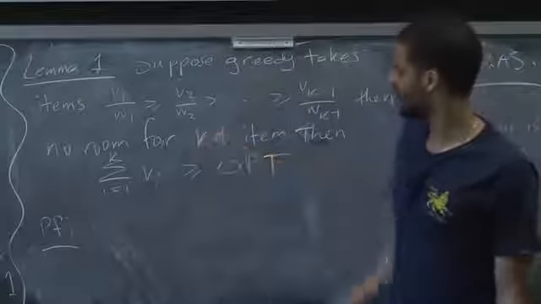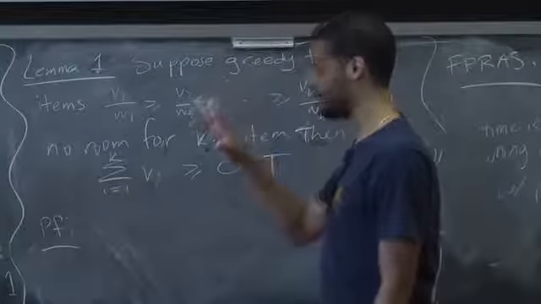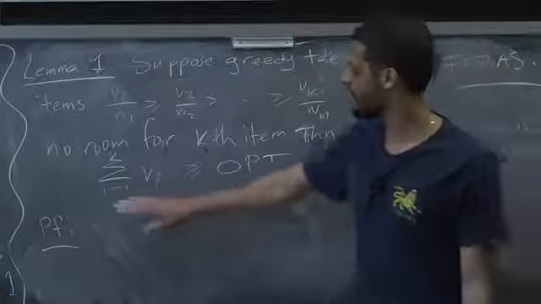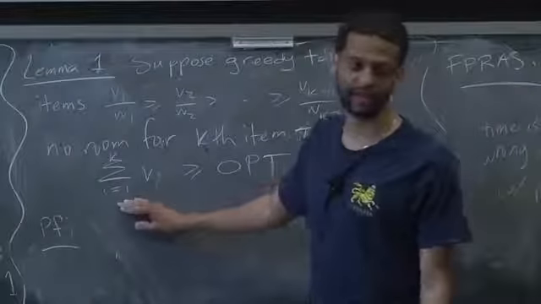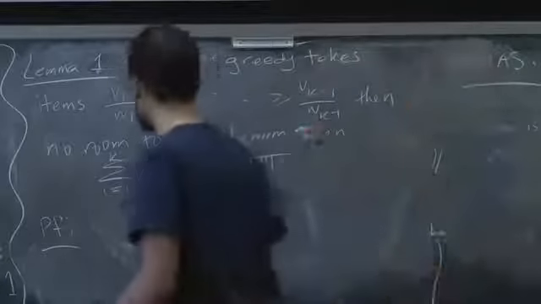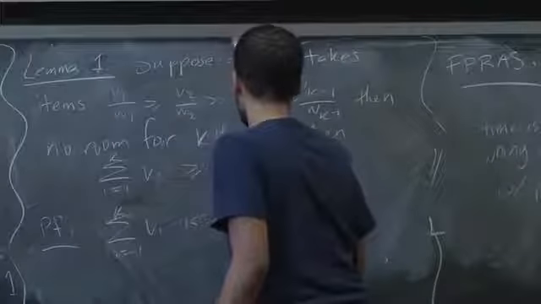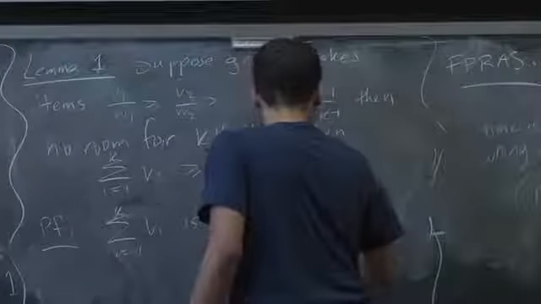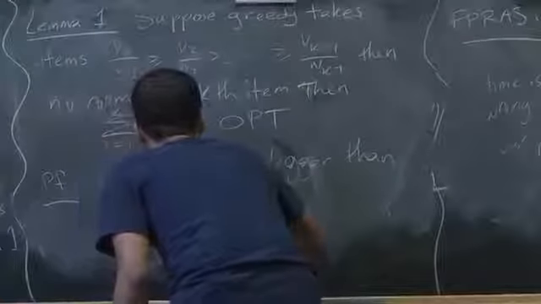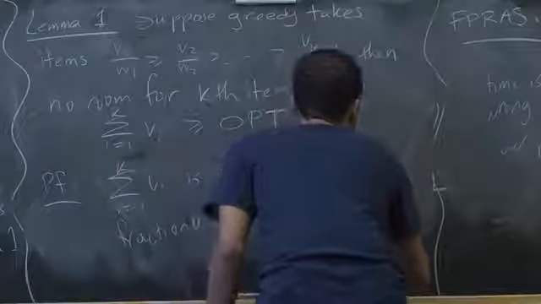That's what opt would get, the optimal profit for the fractional solution. And we know that the integral opt can be at most the fractional opt. And this number is bigger than the fractional opt, because we're not just taking a fraction of the kth element, we're taking the whole thing. So the proof is that the sum i equals 1 to k of vi is even bigger than fractional knapsack's opt. Okay, so that's it.